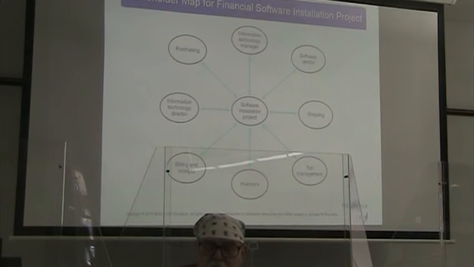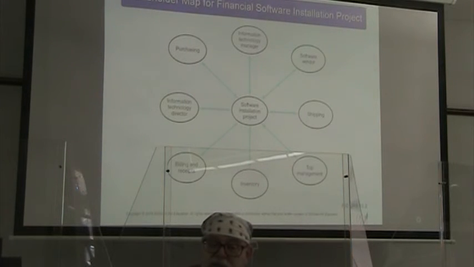All right, so here we have a stakeholder map for a particular project. In this case, it's financial software, so we have the project to install that software. You've got all kinds of people that are stakeholders.